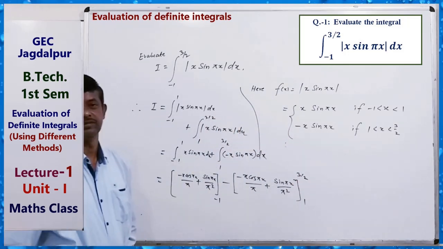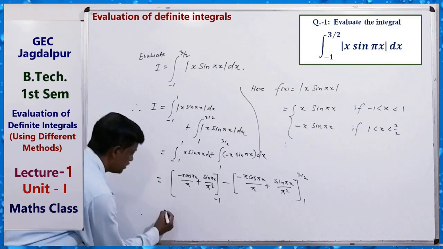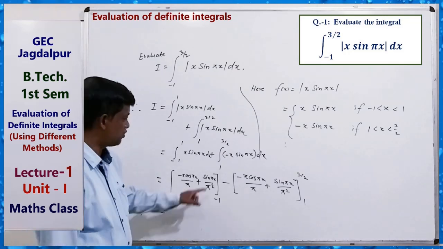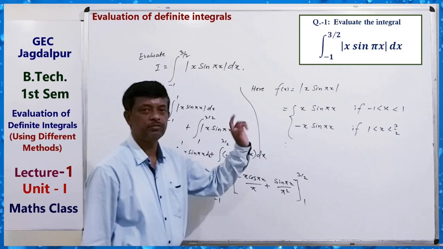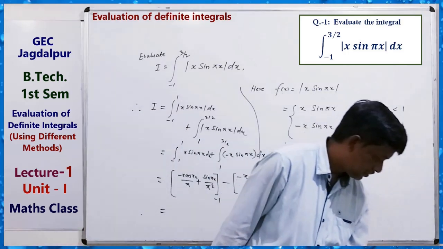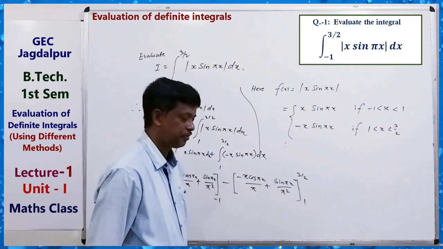Okay, so you can get the result. Just apply the limit from -1 to 1, and 1 to 3 by 2. So the value will be what?